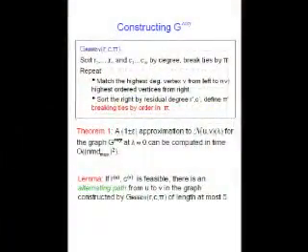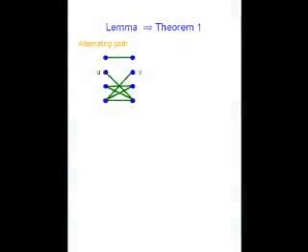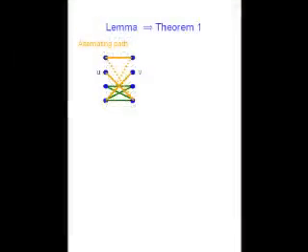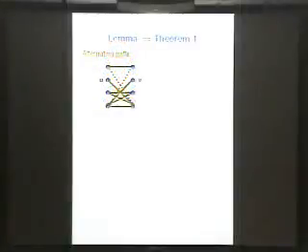Say u and v are any pair of vertices such that this sequence is feasible. In other words, the polynomial nuv of lambda is not identically 0. So suppose that this is the graph constructed by the greedy algorithm. An alternating path is a path from u to v, which alternates in edges and non-edges of the underlying graph. And it starts and ends with an edge.